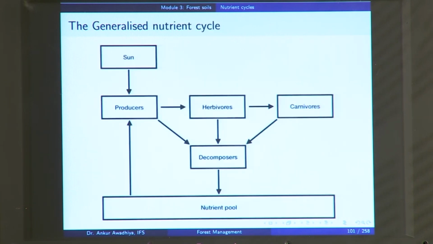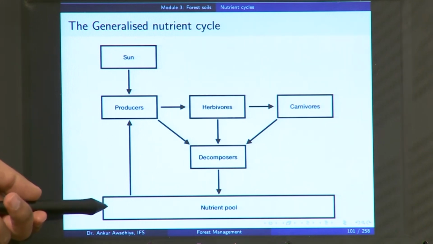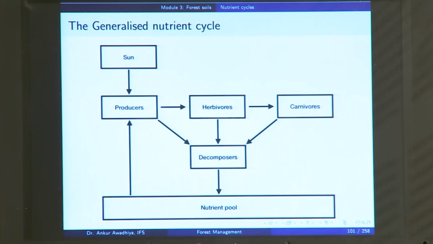And a generalized nutrient cycle is represented like this. So, you have the sun that is providing the source of all energy, and here you have the nutrient pool that is there in the atmosphere, lithosphere and hydrosphere in the non-living components. Now, the nutrients are moving from these non-living compartments of the earth.